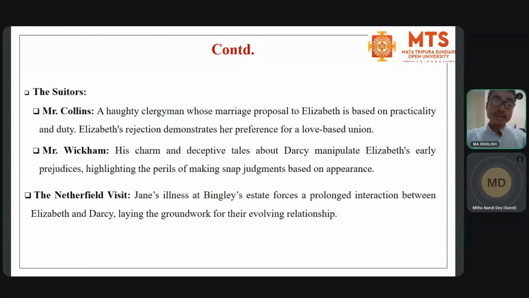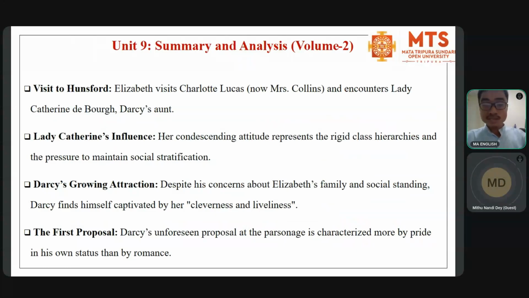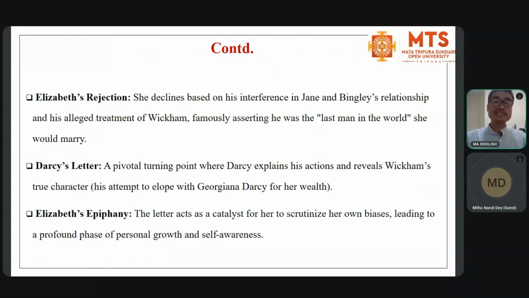And after that, Mr. Darcy now proposes to Elizabeth, which shocked everyone. And now his proposal was, as expected, rejected by Elizabeth.